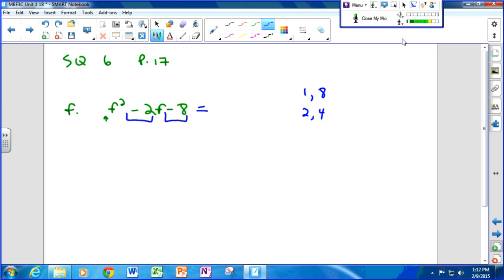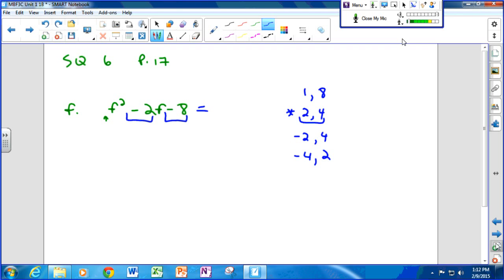The nice thing about 2 and 4 is that there's a gap of 2 between them, which satisfies the middle term. So I think we're onto something. Now we have to work out the signs, because it could be minus 2 and 4, or minus 4 and 2. Both of those pairs give us the minus 8 that we're looking for.